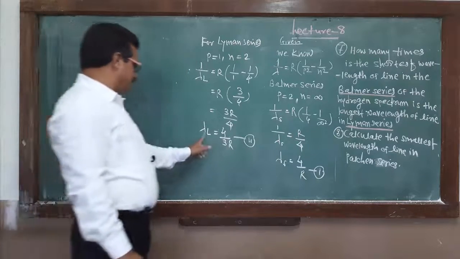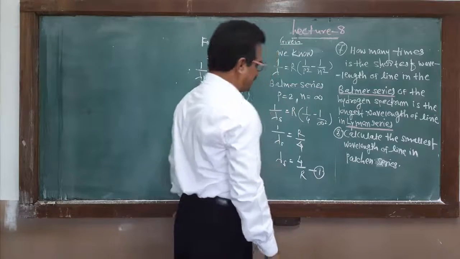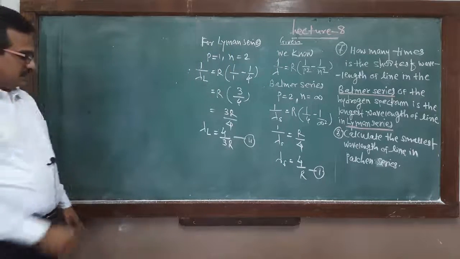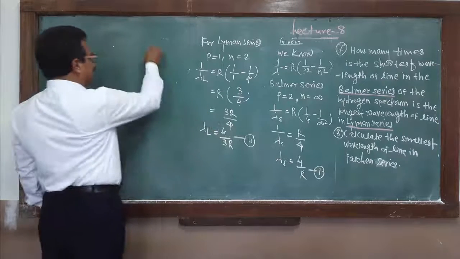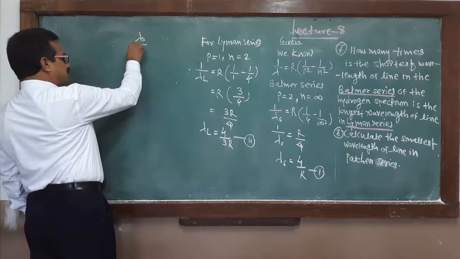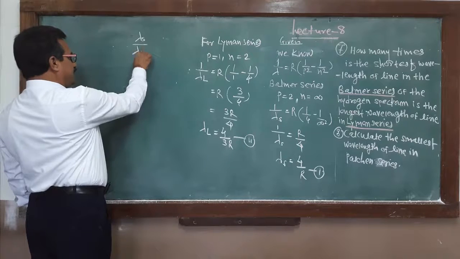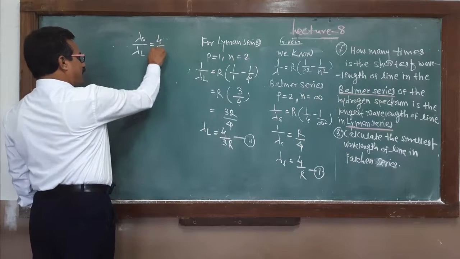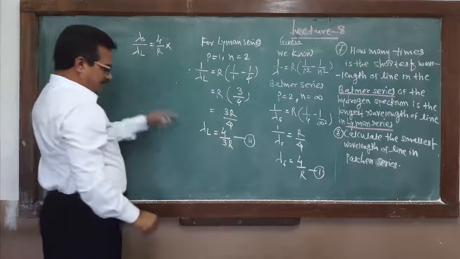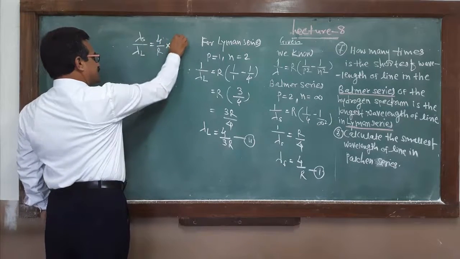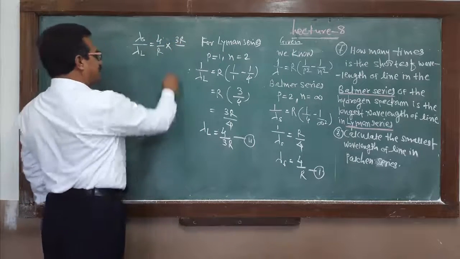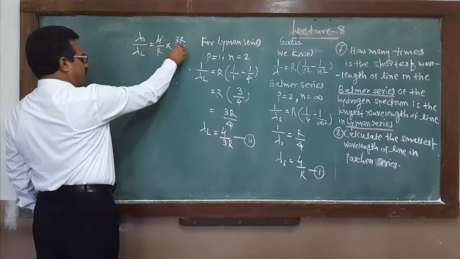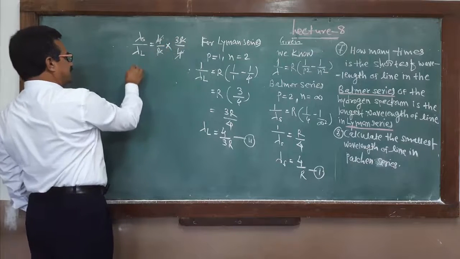From these two equations, when we consider lambda L and lambda S, what is the relation? When we divide equation first by second, lambda S divided by lambda L is equal to, what is the value of lambda S? 4 upon R, divided by lambda L, it is 4 upon 3R. Here 4 gets cancelled, R gets cancelled.